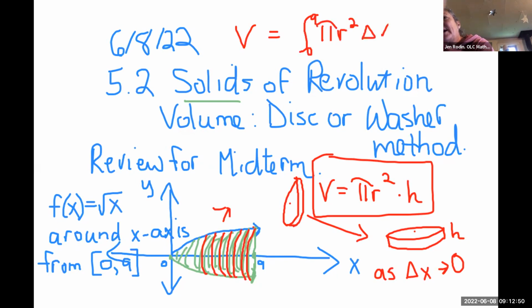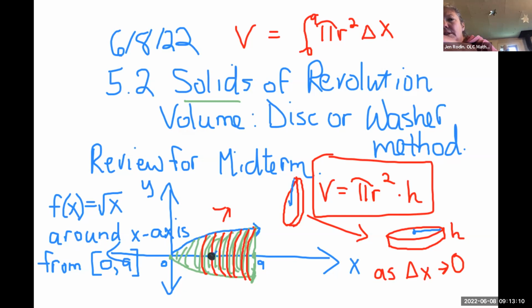But don't copy that down yet, because what's r? We don't have r in our problem. So we have to look back at our picture and think, okay, the radius is from the center to the edge of the disk. Let me make it in black.